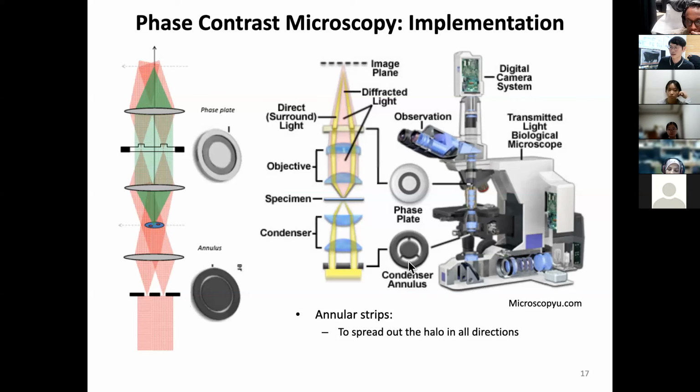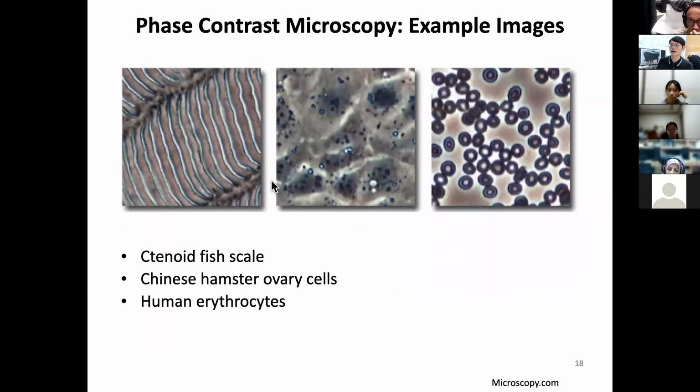You just need this condenser annulus, and you use a phase contrast specialized objective lens, and that gives you directly this nice image, which normally you cannot see with high contrast because it's all phase objects, such as RBCs and Chinese hamster ovary cells, typical cells. You cannot see this high contrast, and this is a fish scale.